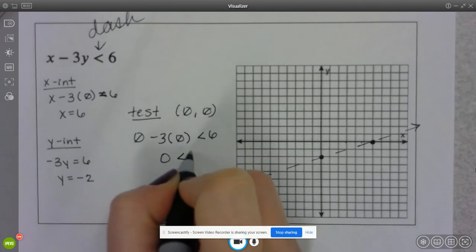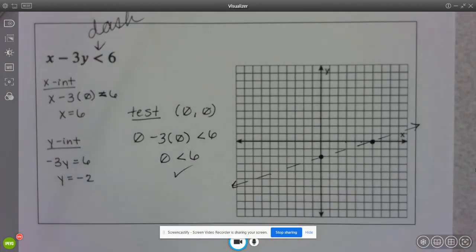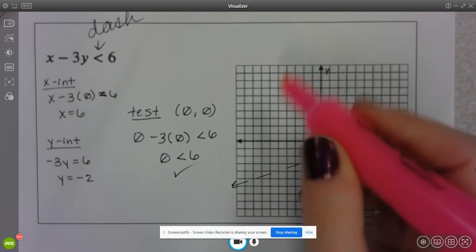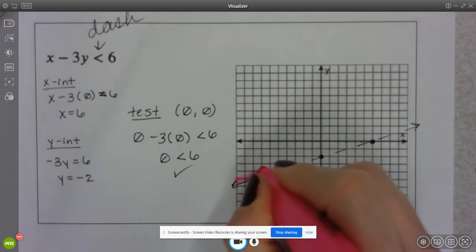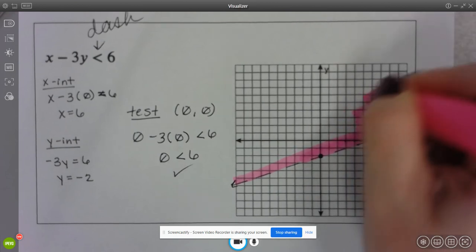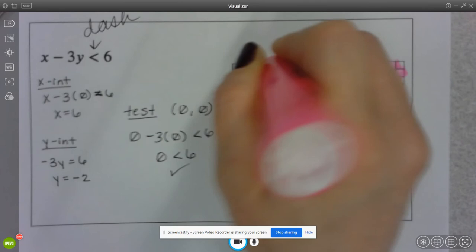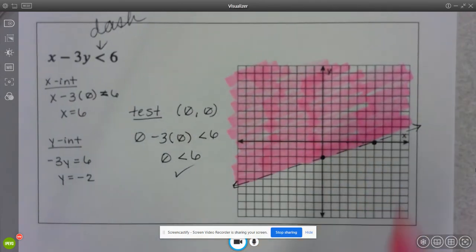Well, 0 is in fact less than 6. So that means that I am going to color over top of the origin. So it'll be everybody up here, like so.